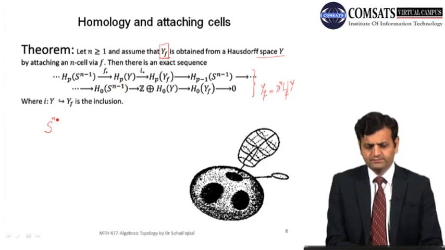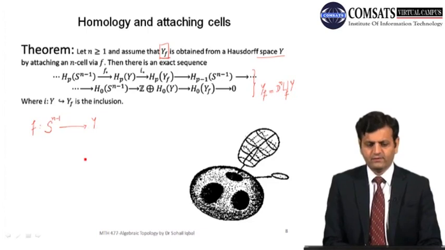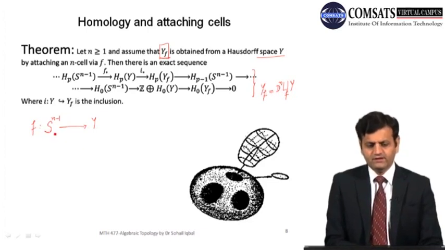We know that we can attach this Dn with Y if I have a continuous function from Sn minus 1 to Y. So there exists a continuous function f from Sn minus 1 to Y, and if there exists a continuous function, we have already seen many times that it will give me maps between the homological groups of these spaces.